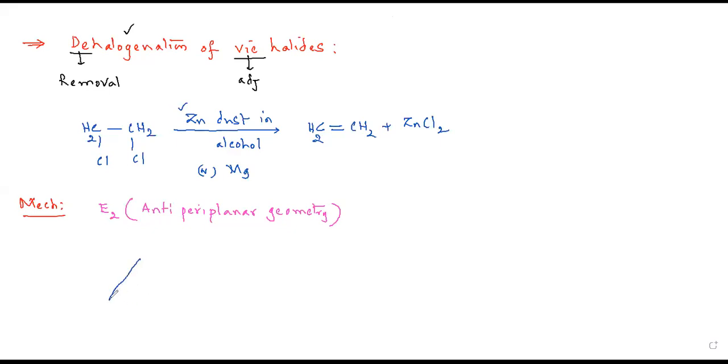Let me give you the mechanism. H, the same thing. It is anti. H, then Cl, then this Cl. Your 1,2-dichloroethane is what is written in this format. So it's very simple.